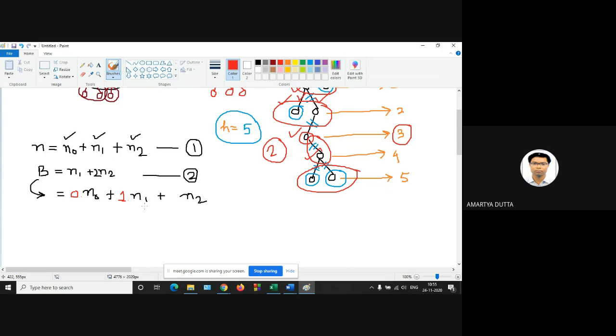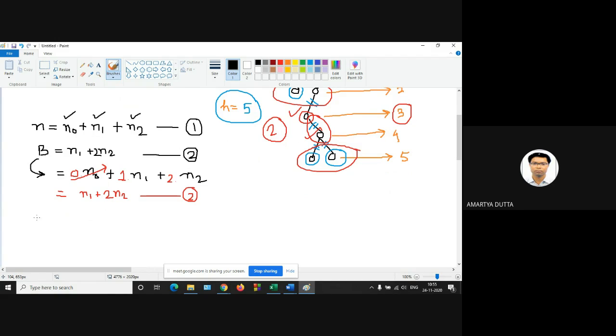Now n2 means the number of nodes with exactly two children, so 2 into n2. Combining these, the first term is 0, and we get n1 plus 2n2. Is it clear to you? Yes, sir. So this is our equation number 2.